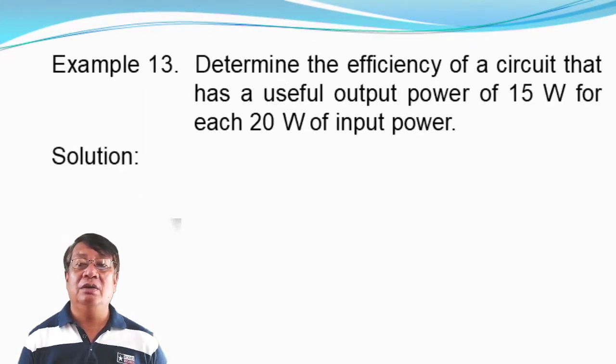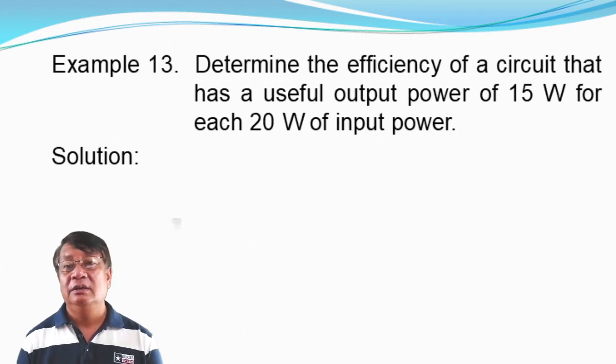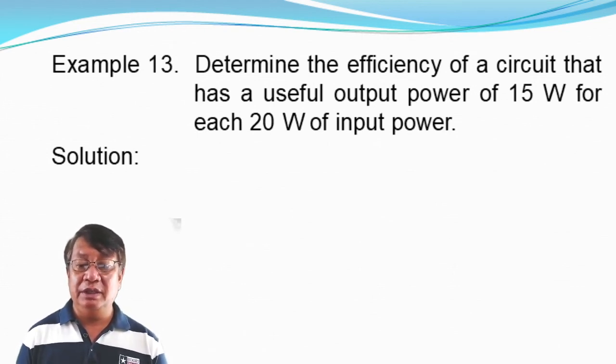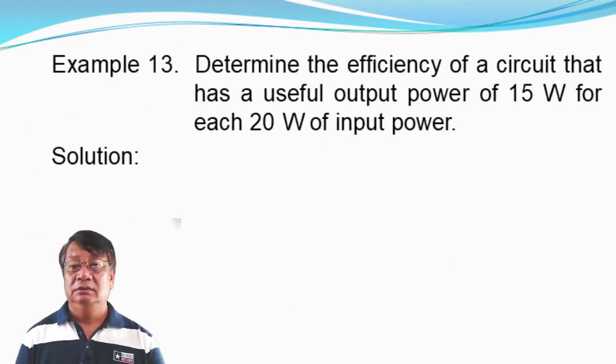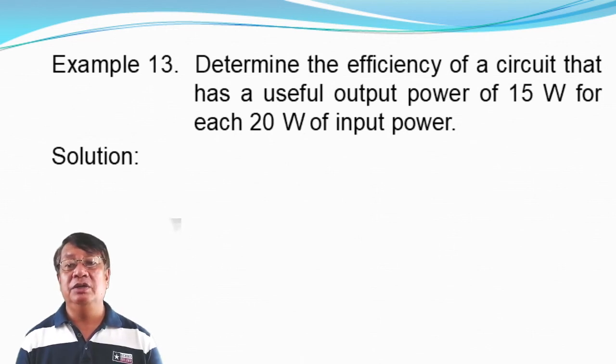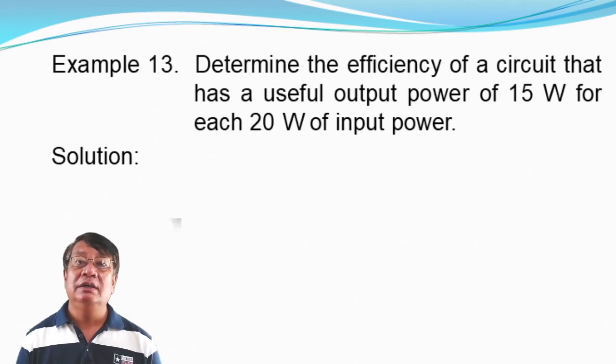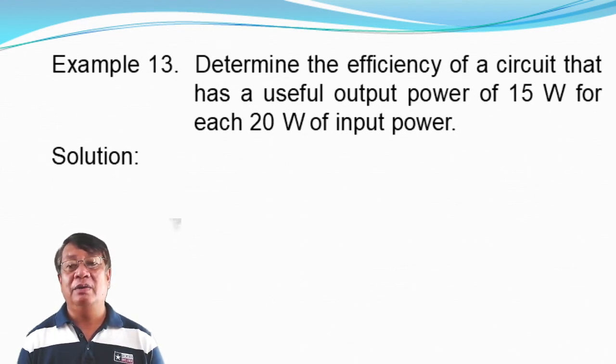So we have this example number 13. Determine the efficiency of a circuit that has a useful output power of 15 watts for its 20 watts of input power. As you can see, we have 15 watts of output power. Our input is 20.